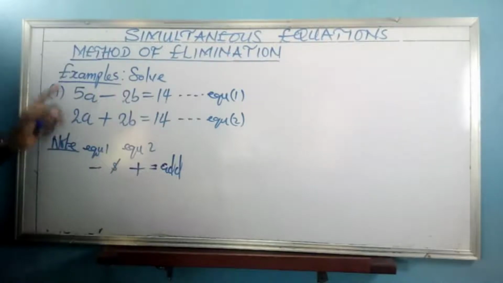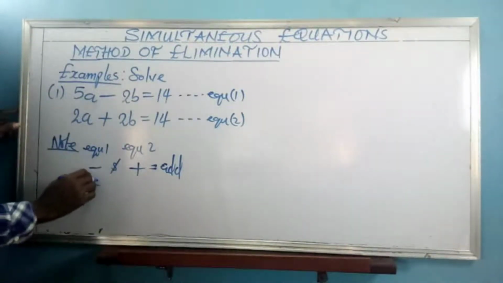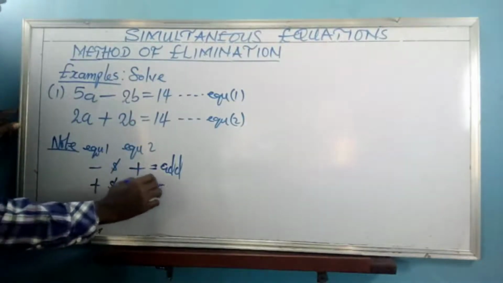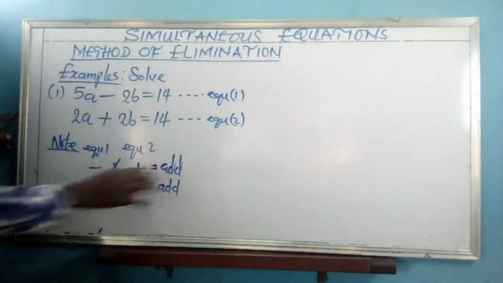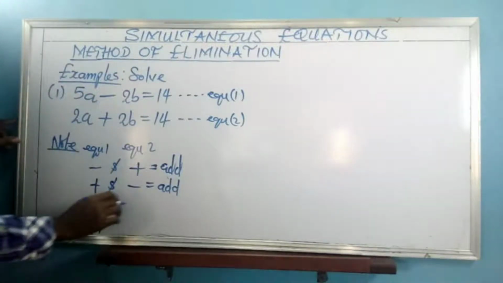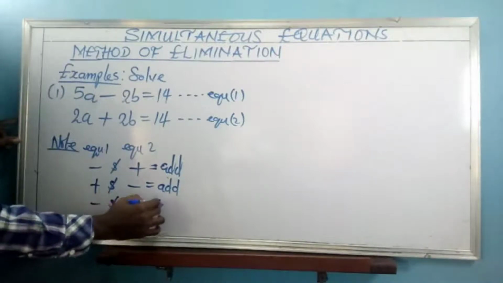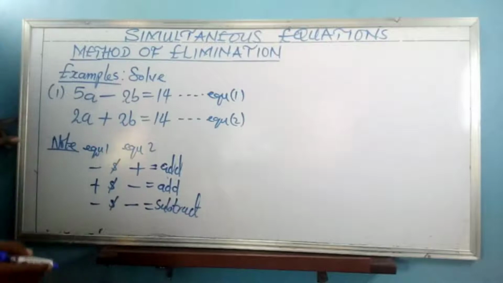The same thing goes if equation 1 carries positive and equation 2 carries negative, we're going to add them together. But if equation 1 carries negative and equation 2 carries negative, we are going to subtract the two equations.